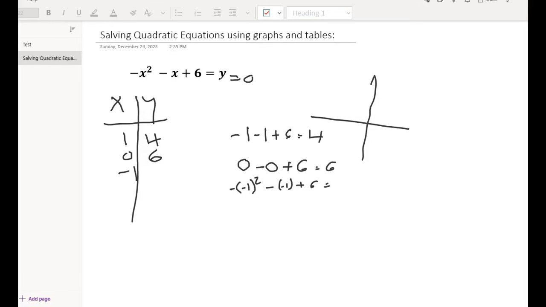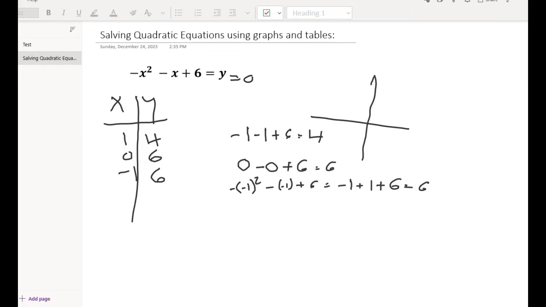Minus 1 squared is 1, minus times minus is a plus, so it's plus 1 plus 6. So what do we get? 7 minus 1, which is 6 again. Looks like this is the head of the curve, but we'll see.